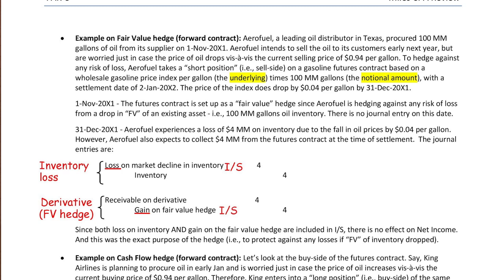So we have seen that the 4 million loss in inventory went to the income statement. The 4 million gain on the derivative, the fair value hedge, even that has gone to the income statement. So circle the 4 loss and the 4 gain, draw arrows out from them and write wash because of hedge.